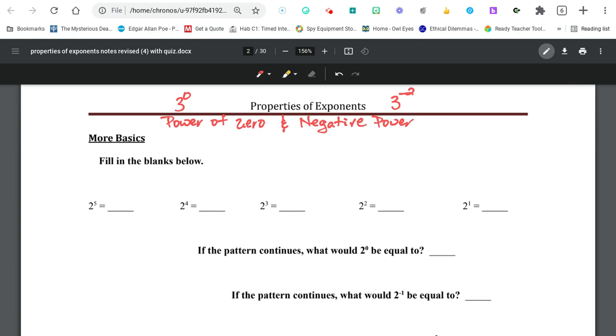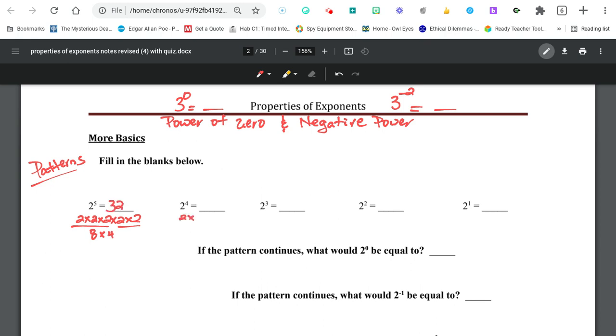We're going to start with 2 to the 5th power and just try to use patterns to help us develop what something to the 0 power equals and what we do when our exponent is negative. All right, 2 to the 5th power, we're going to write it out in expanded form. That's 8 times 4, which is 32.